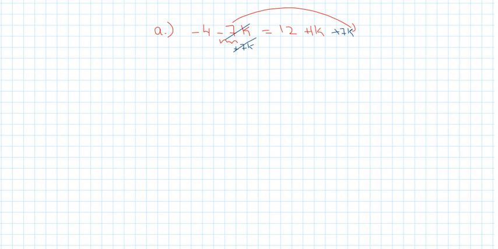Now, what I was telling you is that I want to move this over, and once I move this over, because it's a negative, it's going to become a positive. Now look at this one and this one. Are they the same thing?